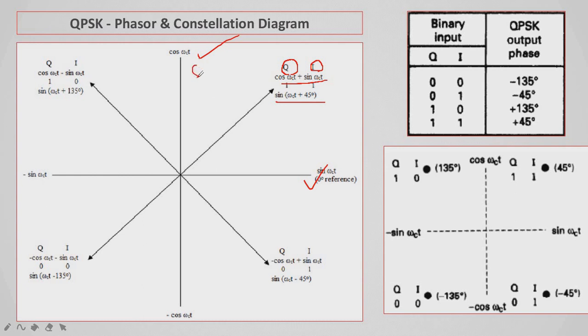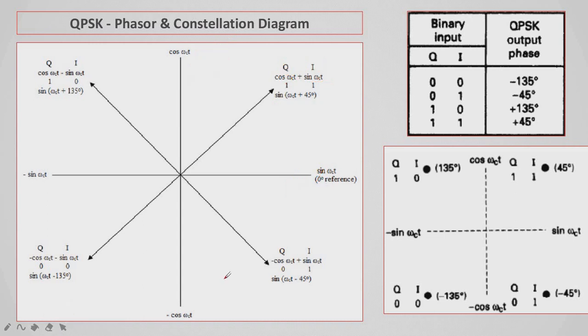In some books it will be written in terms of phi 1 of t, and here it is phi 2 of t. So depending upon that representation, we can represent our values, either in phi terms or in terms of cosine and sine.